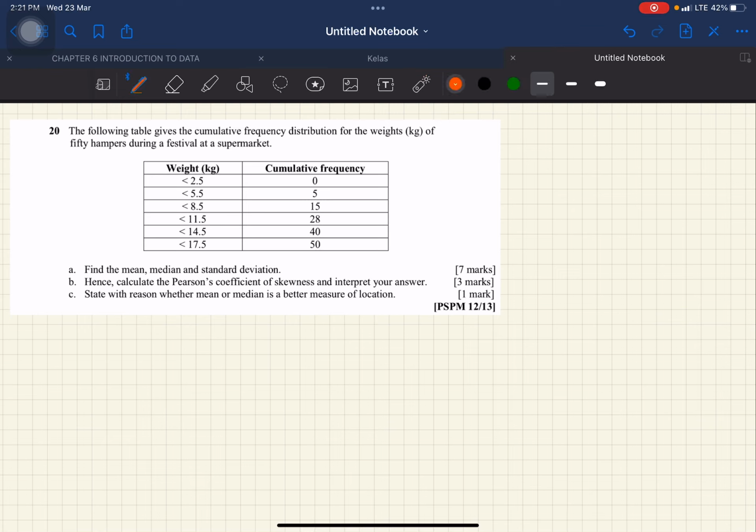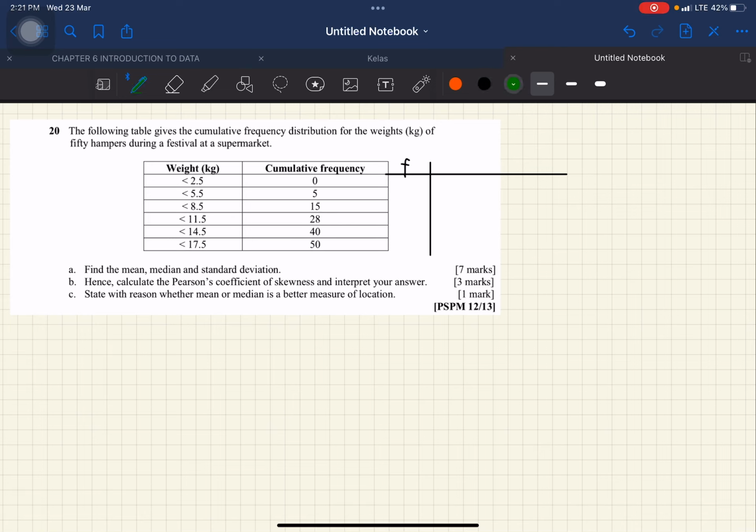Okay, so kita akan tambah satu bahagian table dekat sini. Okay, so this one the table is about F, small f, sebab dia just the frequency.